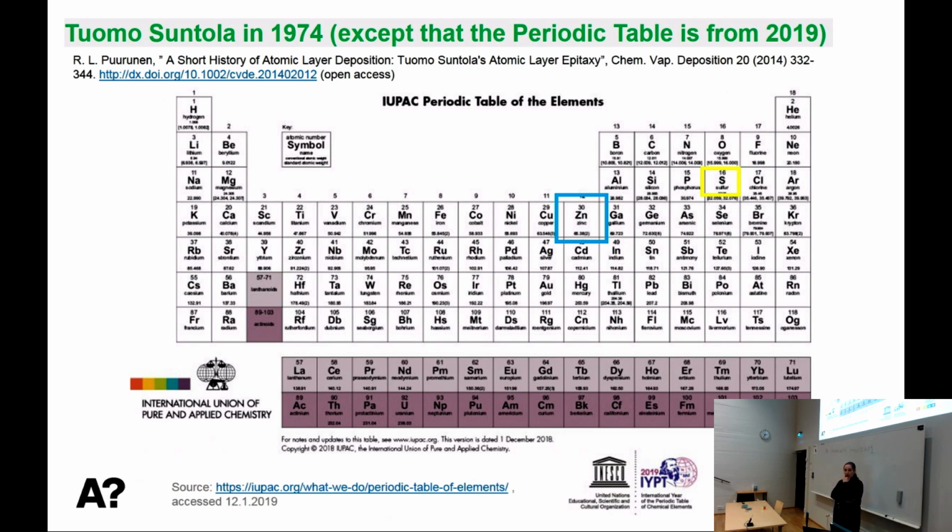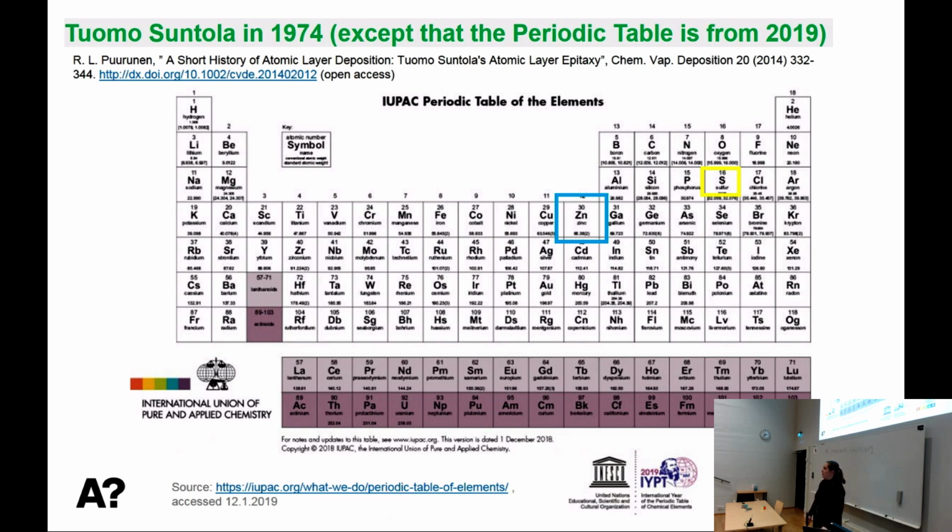So he wanted to make electroluminescent displays, and he was thinking how to get there, and the idea came to him that if you use compatible elements, these would be more strongly bonded to the other element than to itself, so that you would be able to make a stable monolayer, as he was thinking, on the surface, which is stable enough so that you can dose the next one. And that's how it all started.